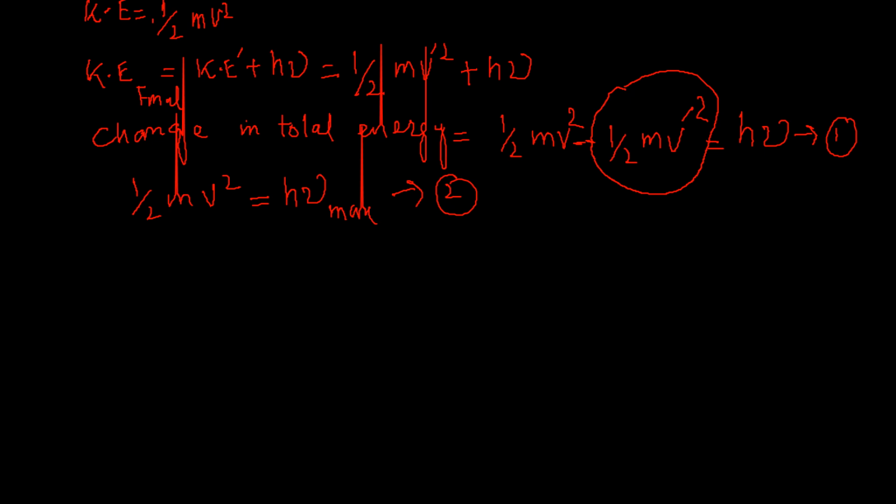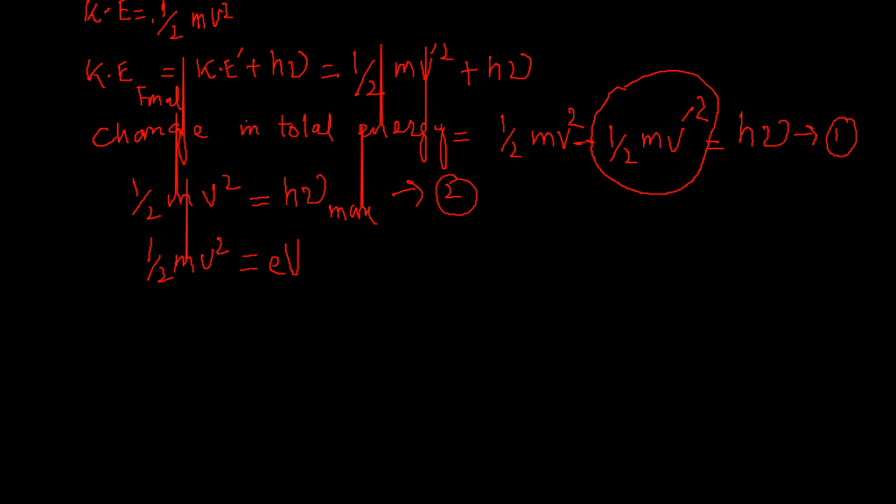So the potential difference is responsible for the kinetic energy of the electrons. Then half mv square, the initial kinetic energy, will be equal to the potential difference times the electron charge, so eV.